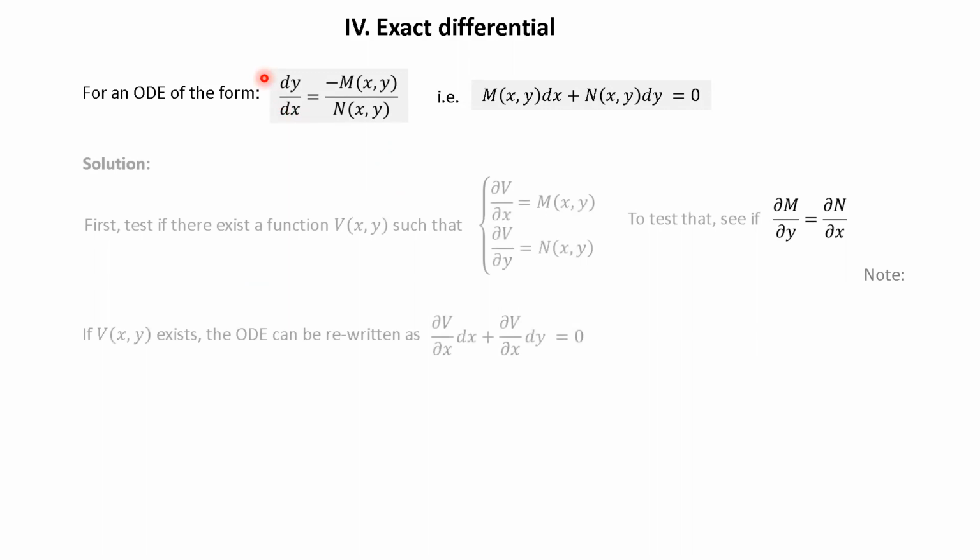So we want to test whether these two indeed correspond to the partial derivatives, because if they do, then we know how to solve. If not, then you need to use some other method.